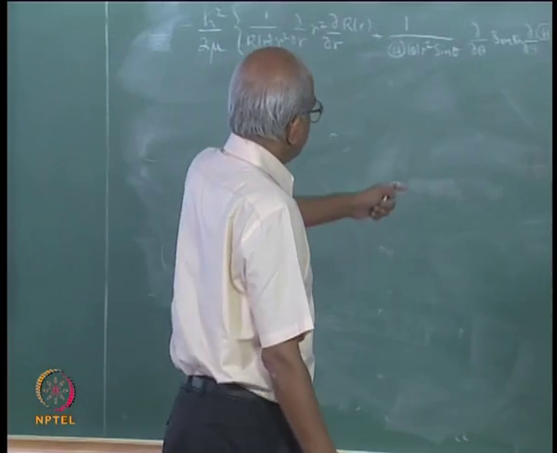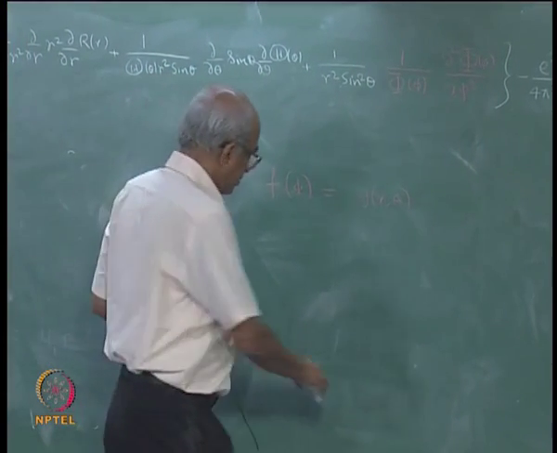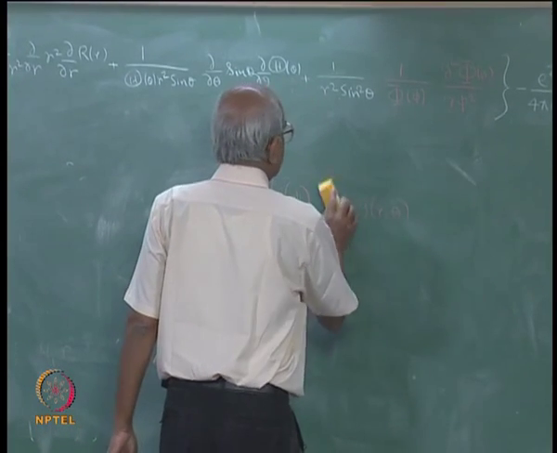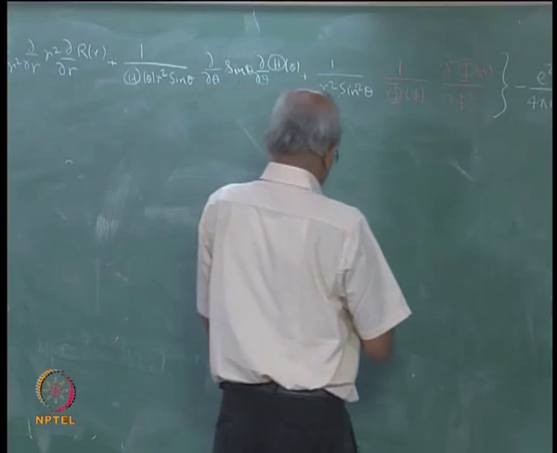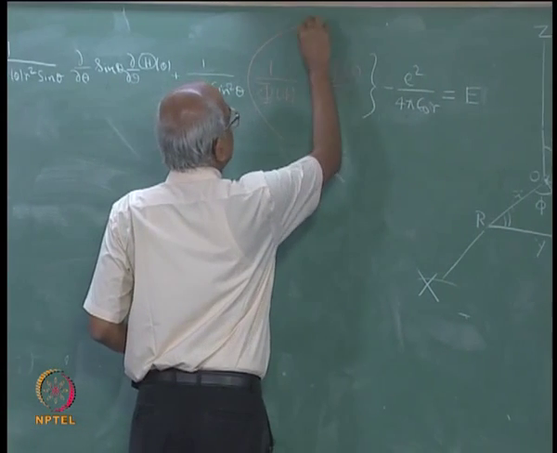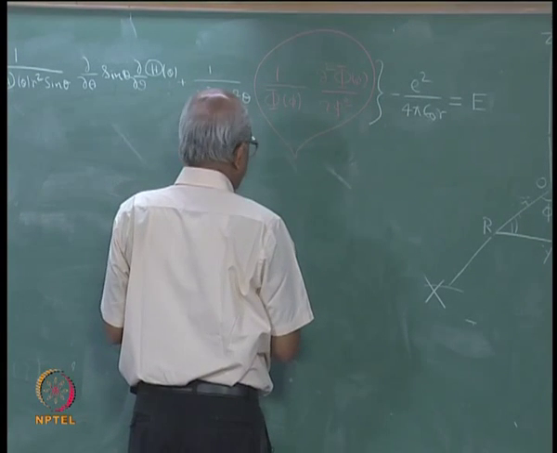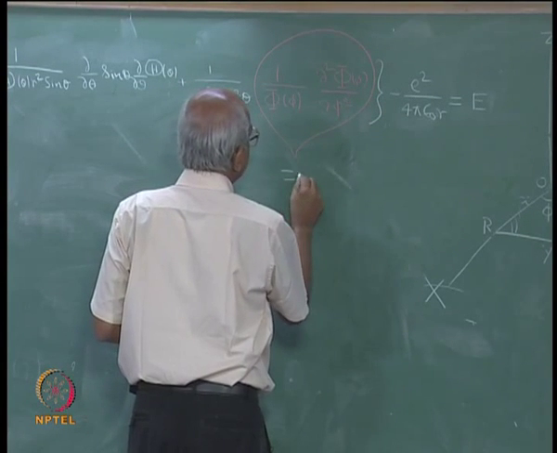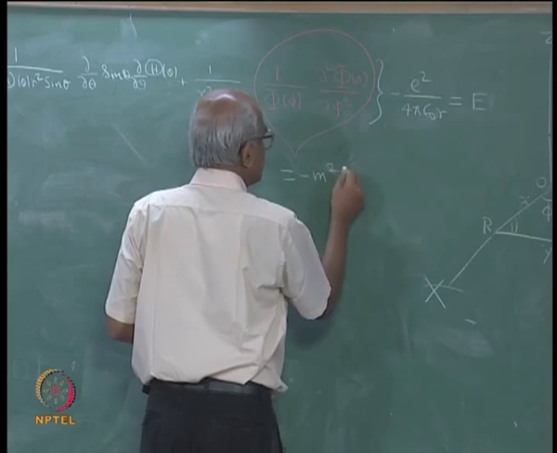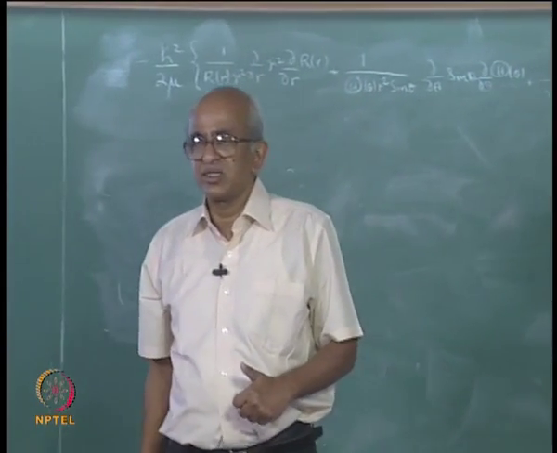So therefore this function of phi definitely must be equal to a constant. So I am led to the conclusion that this must be equal to a constant, which I will denote as minus m square. You can have any notation for it, but the standard notation is to use minus m square.